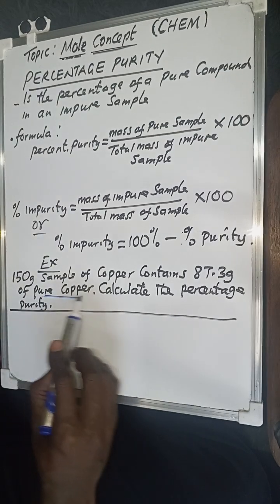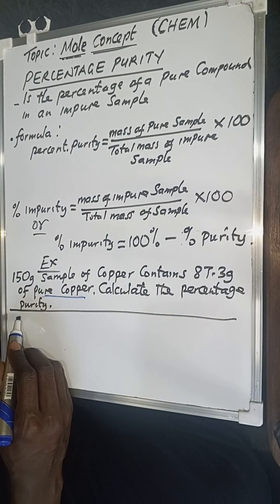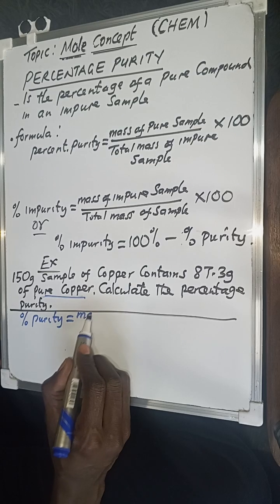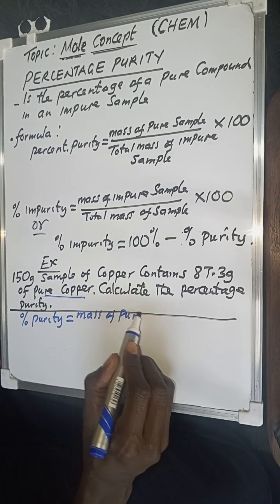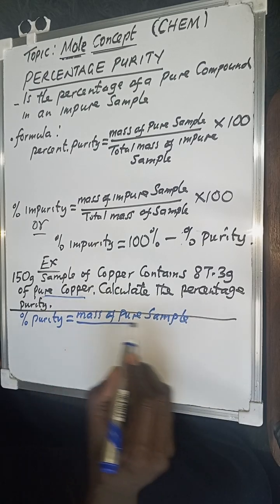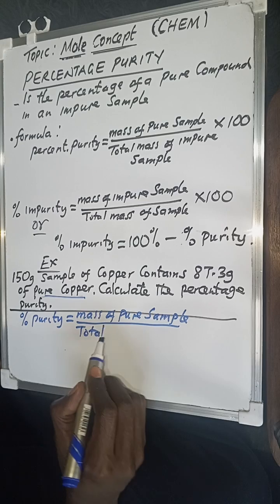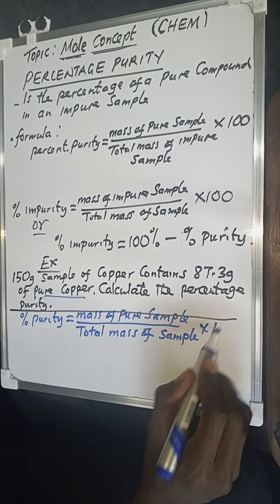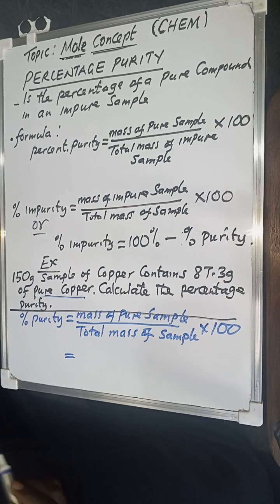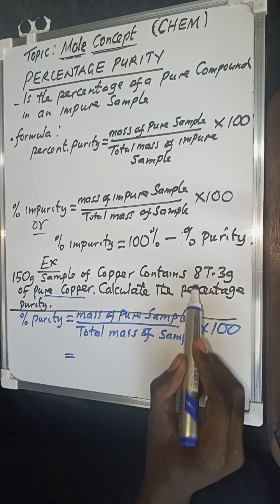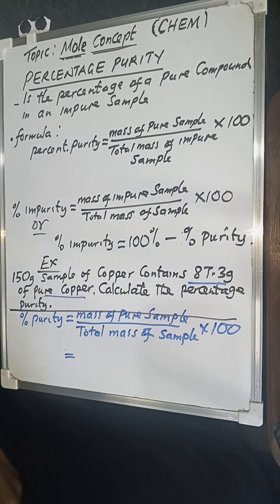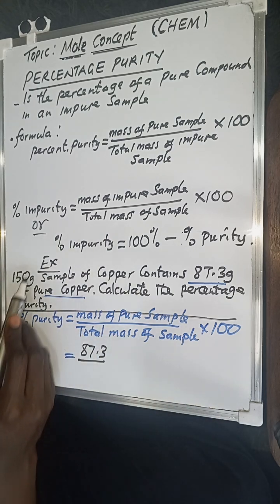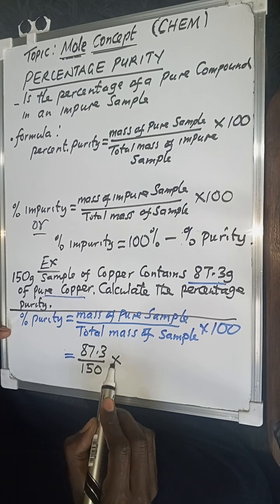If you remember the formula, the percentage purity is equal to the mass of the pure sample over the total mass of the sample, multiplied by 100%. The mass of the pure sample was what they gave us: 87.3 over the total mass of the sample, which was 150, then times 100.